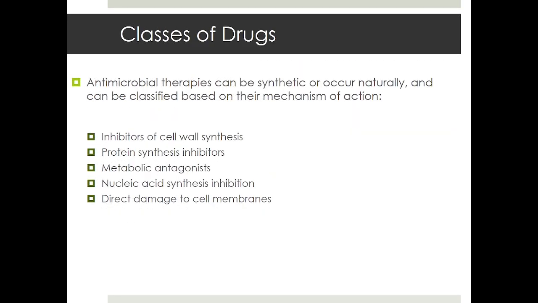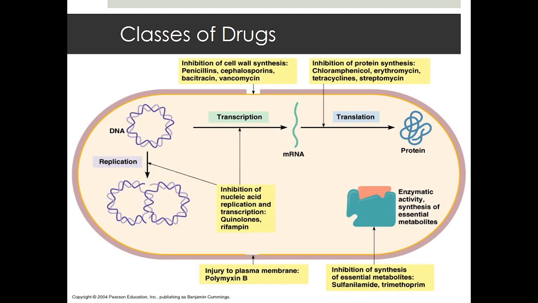There are many types of classes of drugs, and they're categorized based on what kinds of targets they exploit. The mechanism of action can be inhibitors of cell wall synthesis, protein synthesis inhibitors, metabolic antagonists, nucleic acid synthesis inhibitors, or they may directly damage cell membranes and kill cells that way. And you can see here that this schematic just kind of shows some of those ideas where you can see up here, if we inhibit the cell wall formation, then obviously cells are not going to have their integrity.